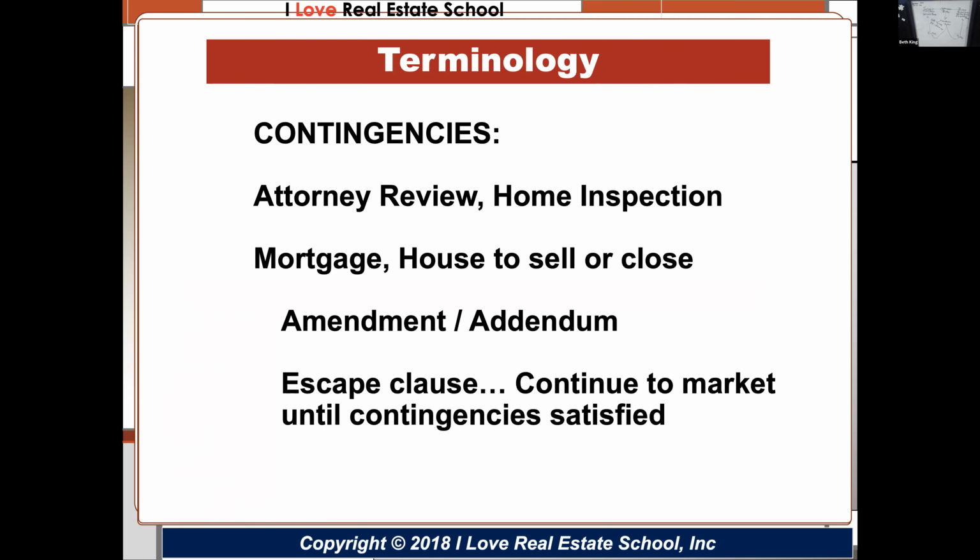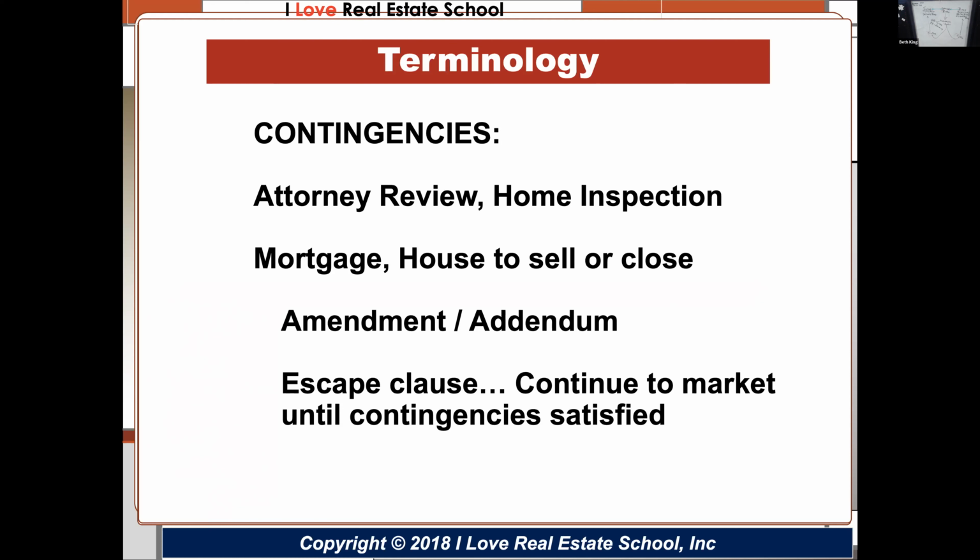It says, Angel, the seller will accept your contract contingent upon you selling your home. However, the seller's going to continue to market the property. And if we were to receive an offer that doesn't have the same contingencies, meaning it doesn't have a home to sell, we can give you notice that we've received another offer that we're considering.